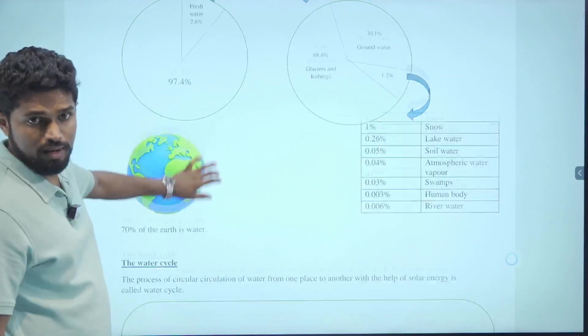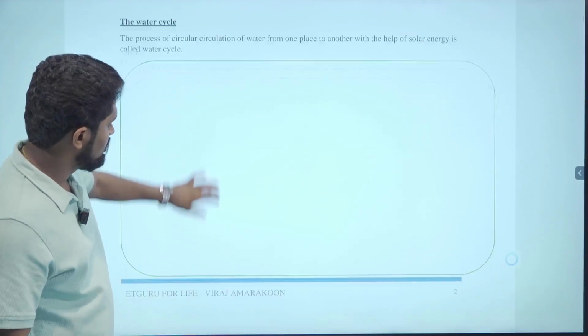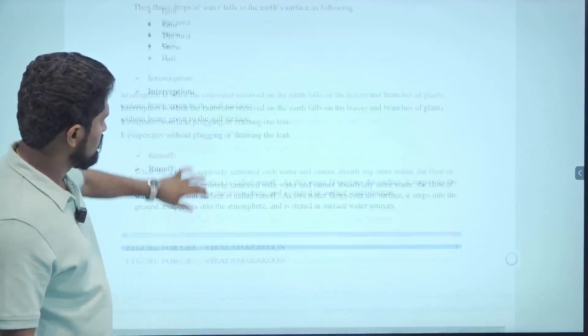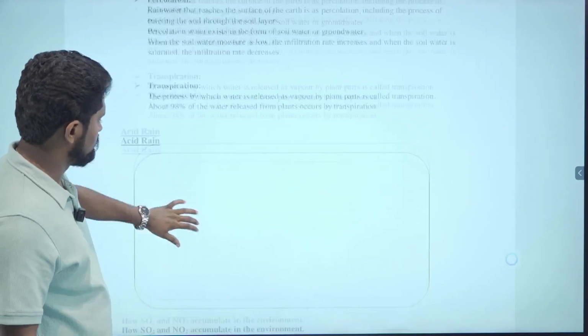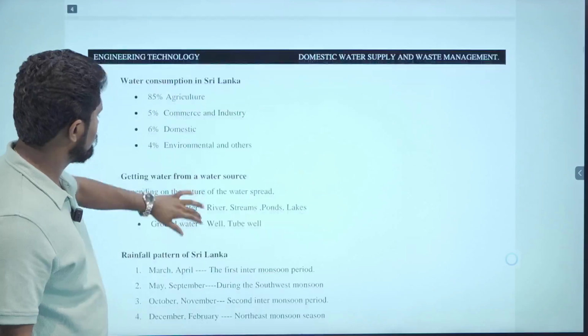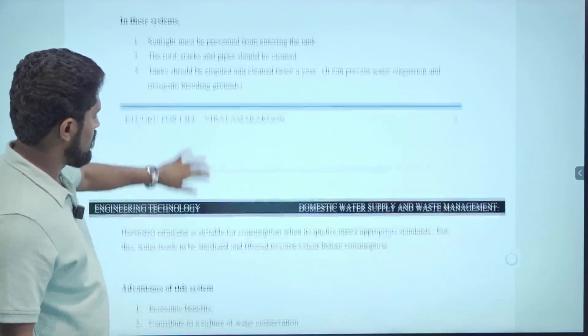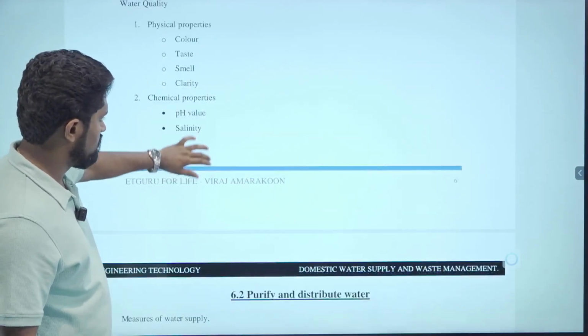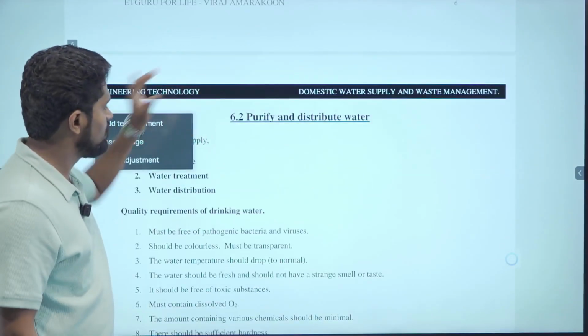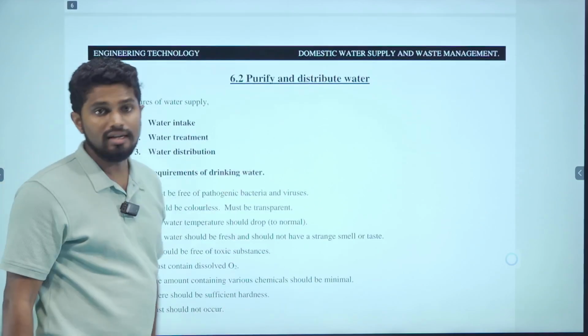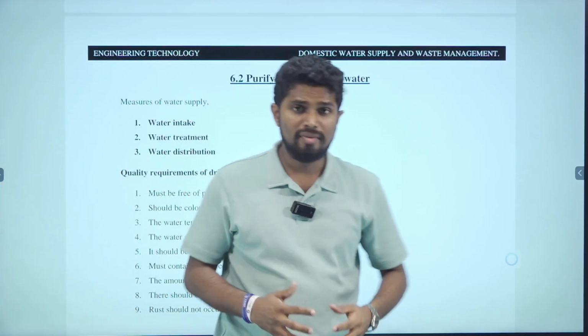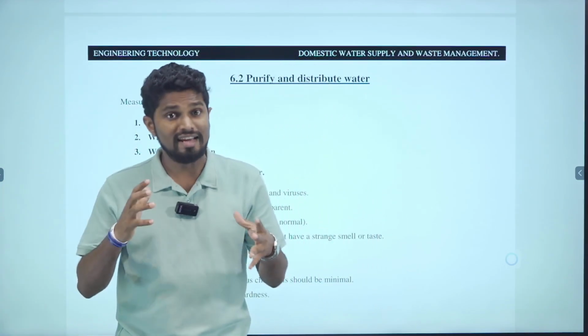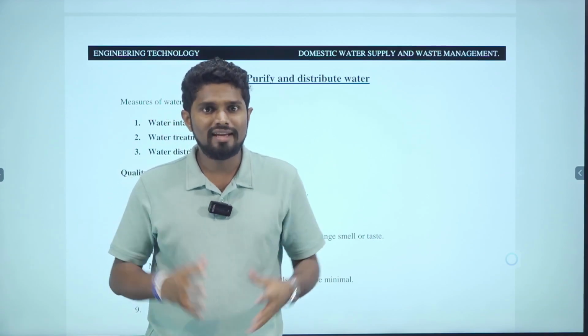We are moving to the tute, and the second part of our lesson. On page number 7, we discuss how in our domestic applications, or industrial applications, we need water.